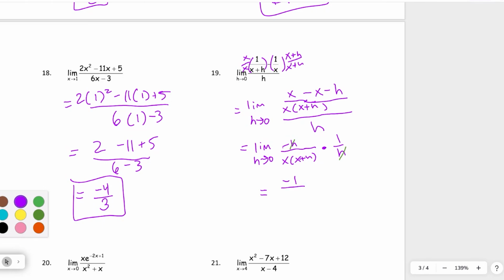Negative 1 over x times x is going to be negative 1 over x squared. Oh, this is kind of interesting. So this is going to be a variable. Yeah, this is not going to be a constant. This limit is going to be in terms of x. So I should have mentioned something at the beginning where I noticed that I have both h and x in there, and just be careful that we're sending h to 0, not x.